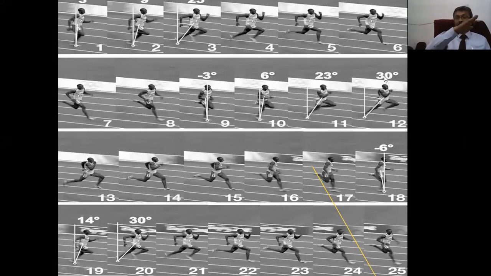Body को to incline it up to 30 degree is really a great challenge. We run almost keeping our body maybe 3 to 5 degree angle, but Usain Bolt can increase the angle up to 30 degree so that he gets a dynamic balance for the high speed.